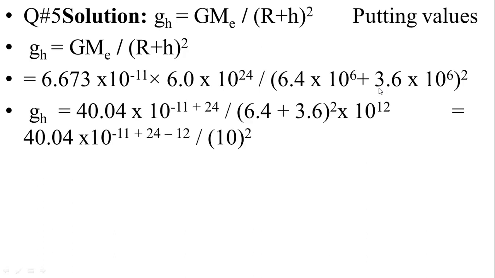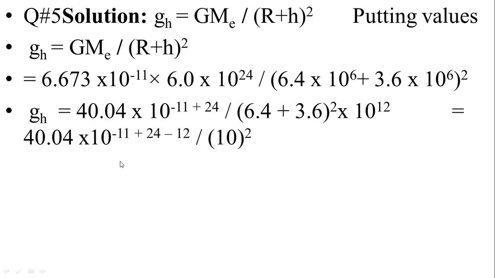Then the value of gh is equal to 6.673 multiplied by 6 is equal to 40.04 multiplied by 10 raised to power minus 11 plus 24, divided by, taking constant 10 raised to power 6 square, will be 10 raised to power 12. Now 6.4 plus 3.6 whole square. 6.4 plus 3.6 will be equal to 10.